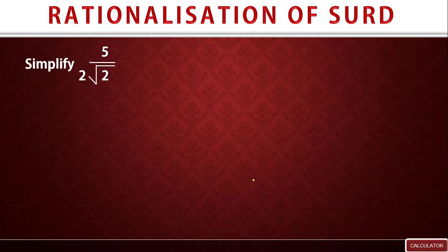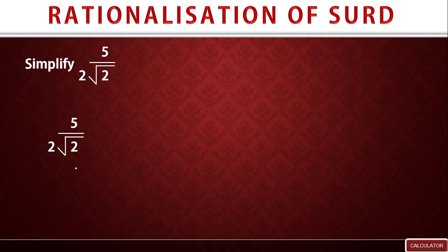Let's look at example 2. Simplify 5 all over 2 root 2. What we need to do is to check through. If you look at the denominator side, we have a root at the denominator side.